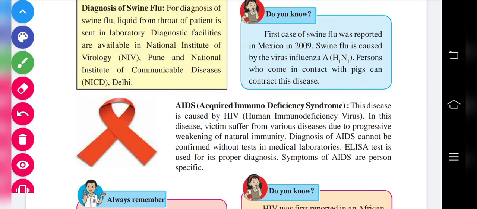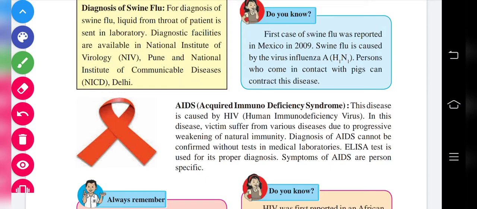So these are the basic criteria of an affected person. In this disease victims suffer from various diseases due to progressive weakening of natural immunity.